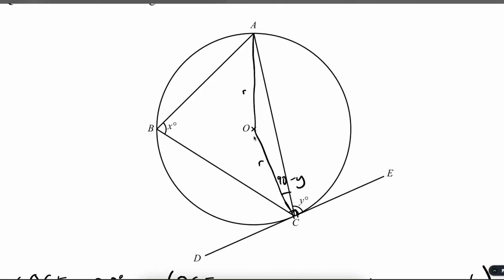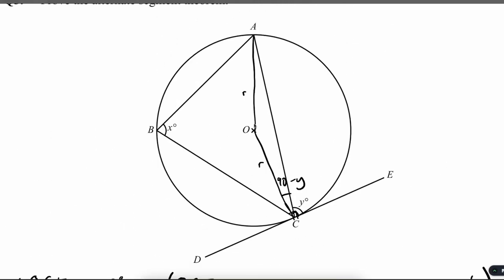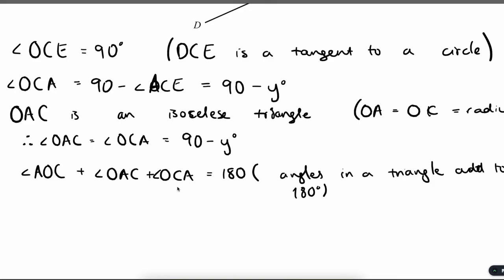So we can work out, using angles in a triangle add to 180, the angle AOC. We know OAC and OCA are both 90 minus y, so angle AOC plus 2 lots of (90 minus y) equals 180.